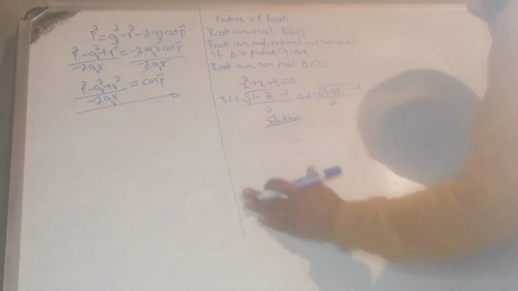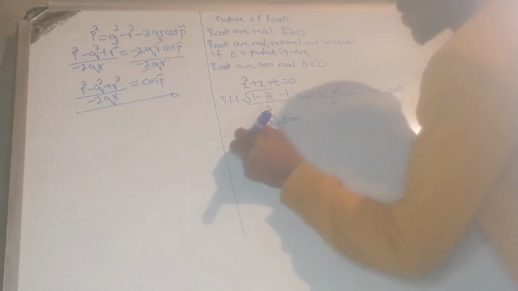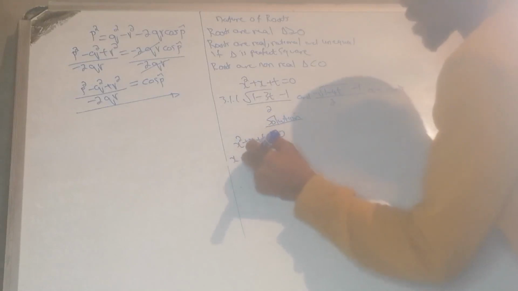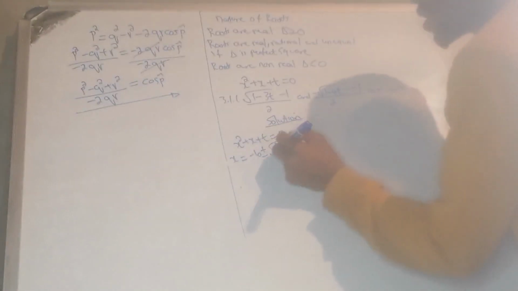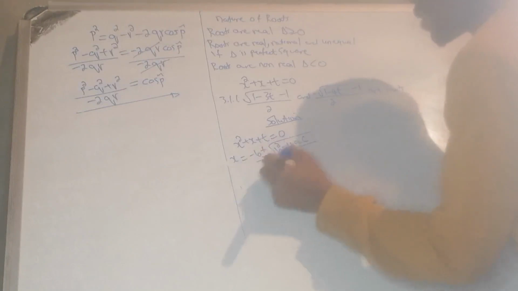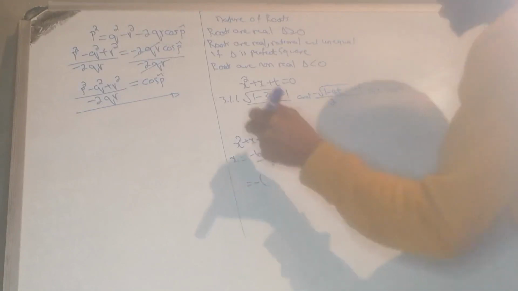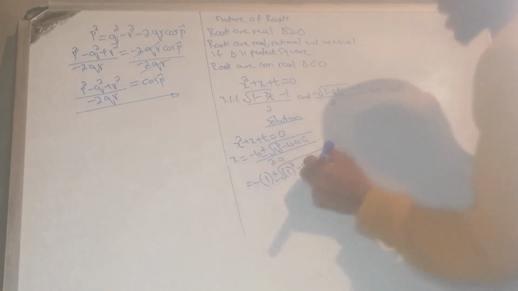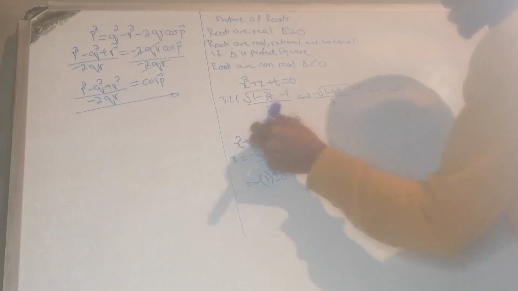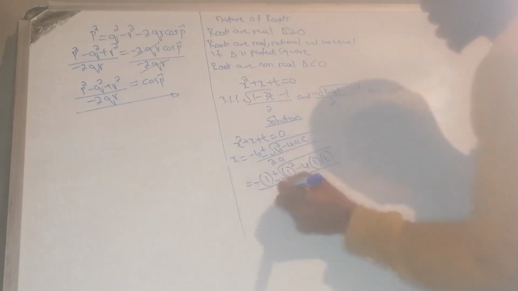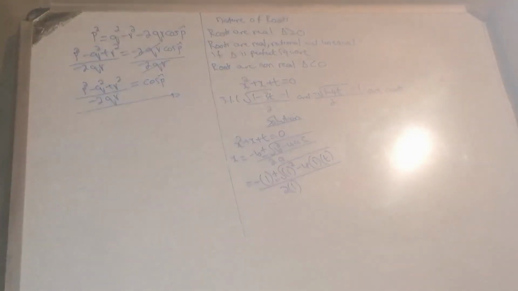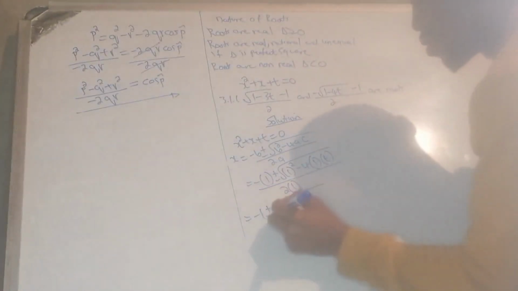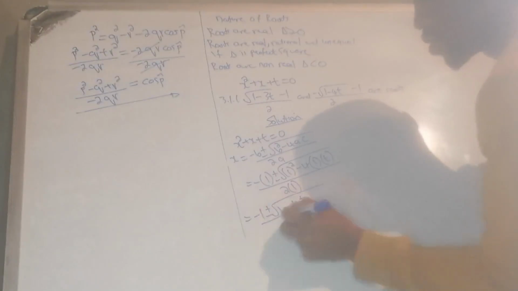What I can do is the following. I have x squared plus x plus t equals 0. So I can say x equals minus b plus or minus the square root of b squared minus 4ac divided by 2a. Minus my b, it's 1. I have 1 squared minus 4 into a, it's 1, c, it's t, all divided by 2 into a, which is 1. I will have minus 1 plus or minus the square root of 1 minus 4t over 2.